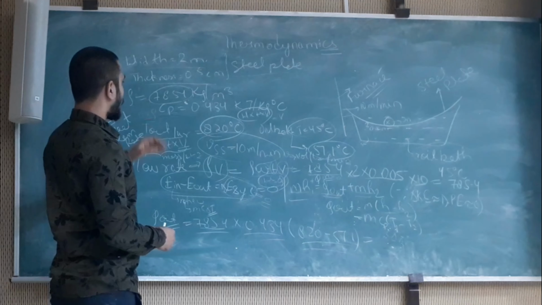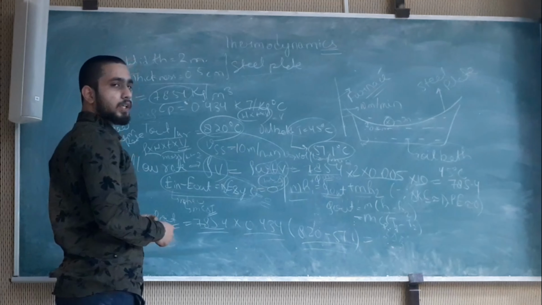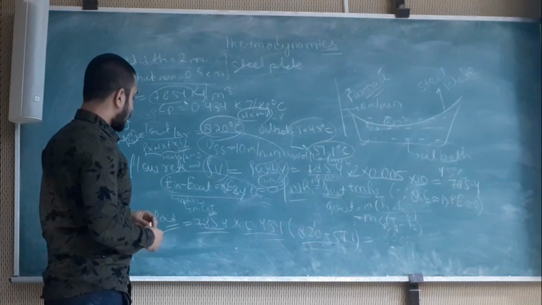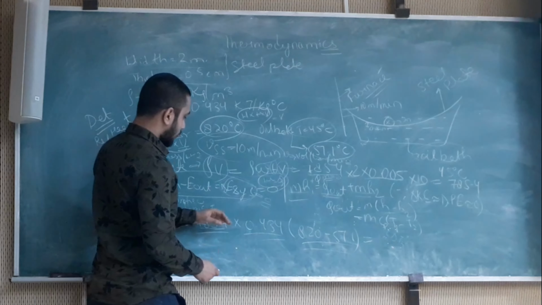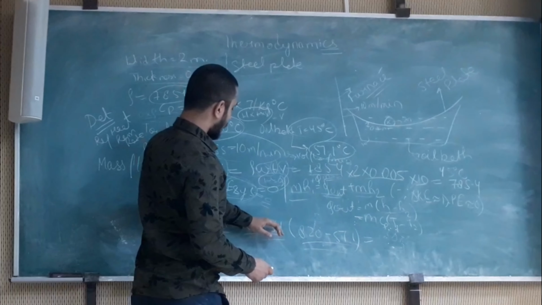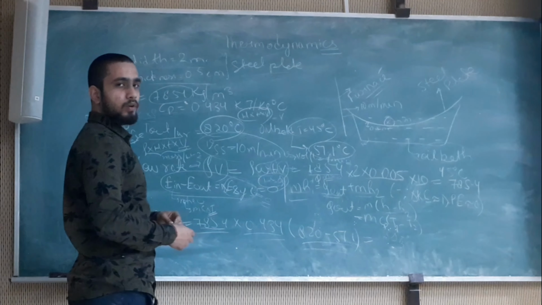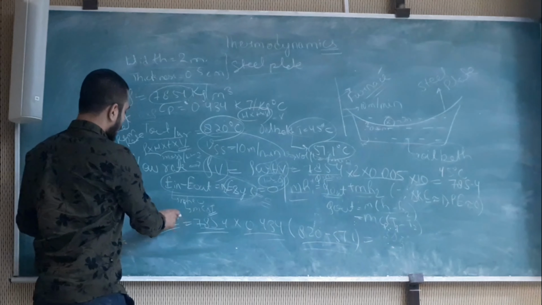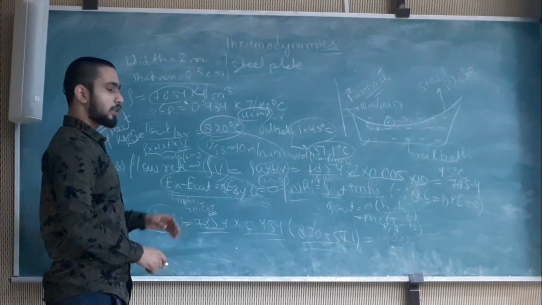So we found the volumetric flow rate and multiplied it with the density. We got the mass flow rate per minute, and multiplying it with the heat capacity at constant pressure into the change in temperature, we can get the required heat which we have to remove to maintain its temperature constant.